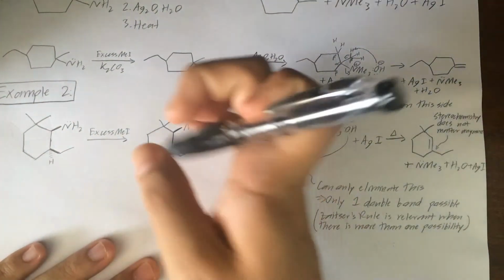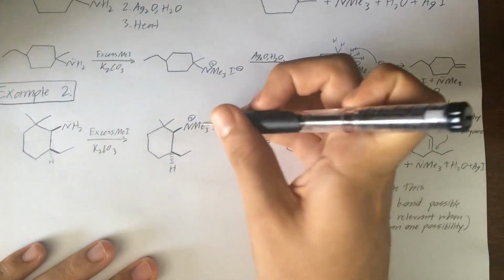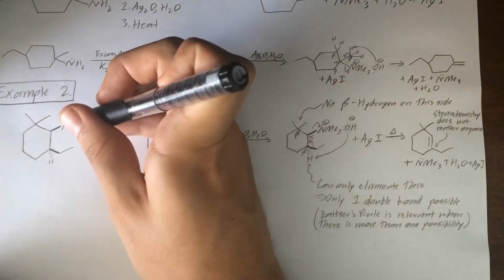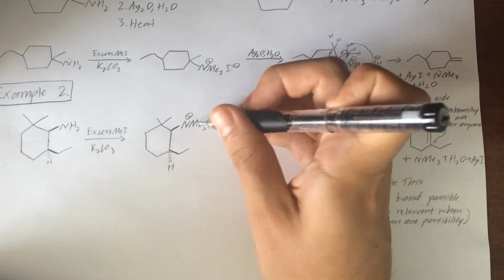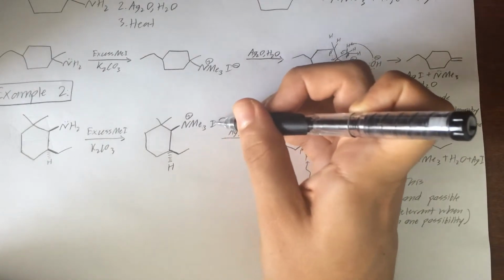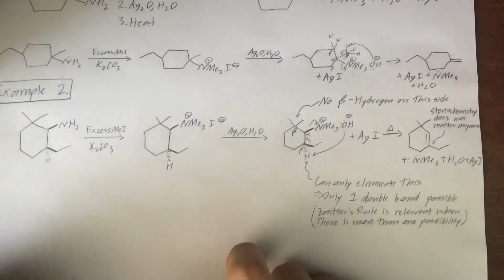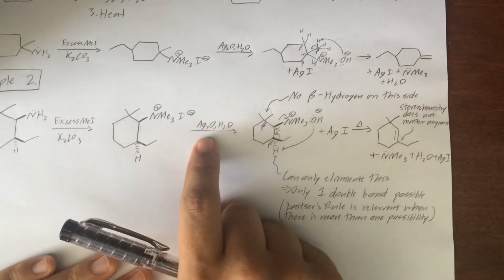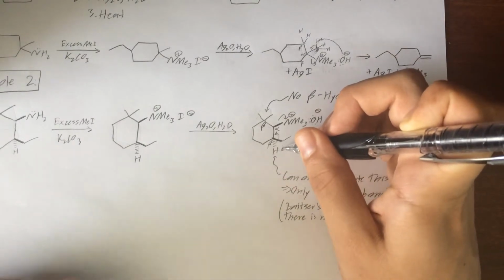When you add excess MeI and K2CO3, these H atoms are going to be replaced. However, nitrogen is also going to have a fourth covalent bond to another methyl group. So now nitrogen is bonded to 3 methyl groups. We have N plus Me3 and then I minus to balance out the charge, just like in this example over here. Now when you add Ag2O and H2O, the least hindered, the most exposed, beta hydrogen.